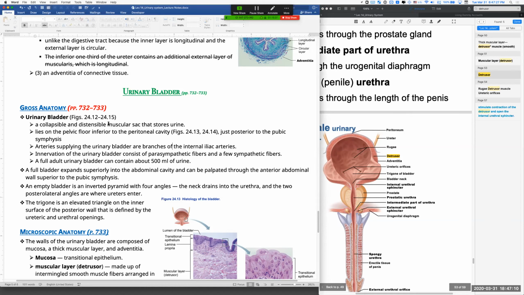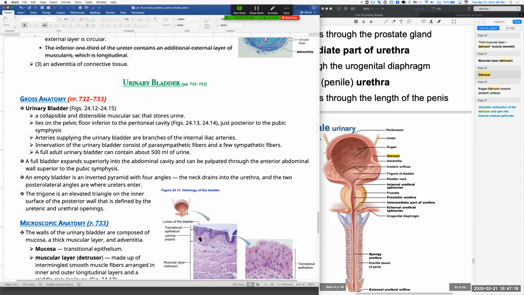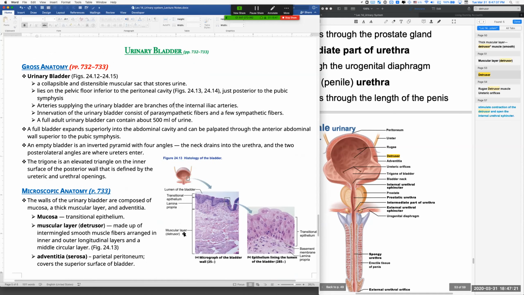So it's a very distensible muscular sac. The inner lining is transitional epithelium, surrounded by connective tissue as well as a thick smooth muscle layer called the detrusor muscle. I'm going to have you cross this out.